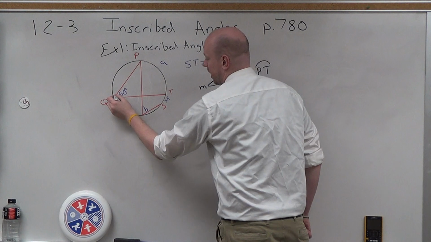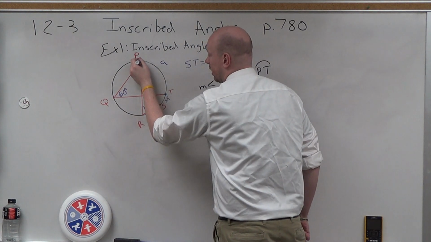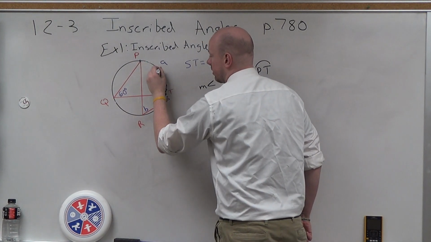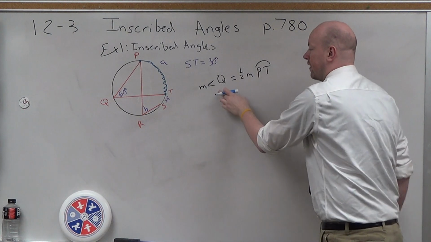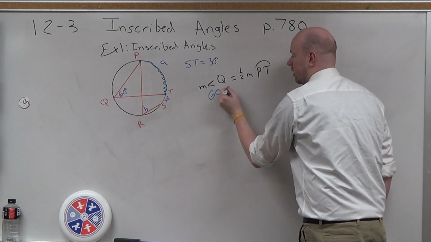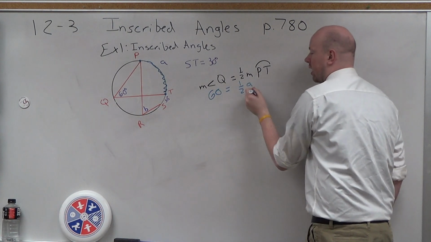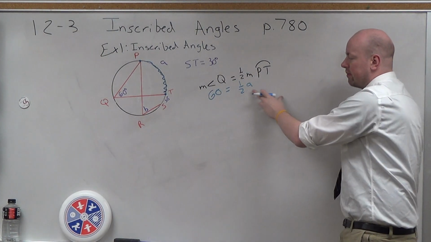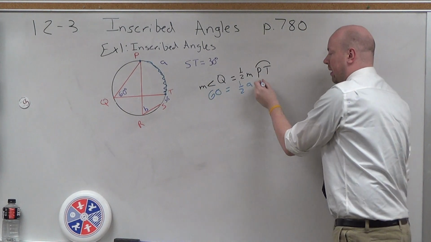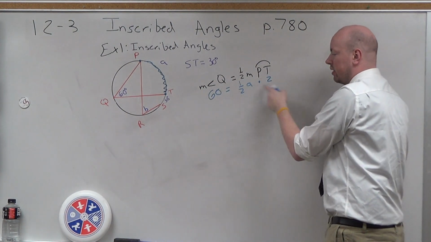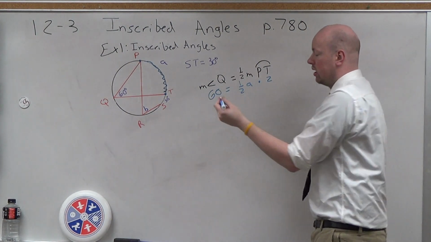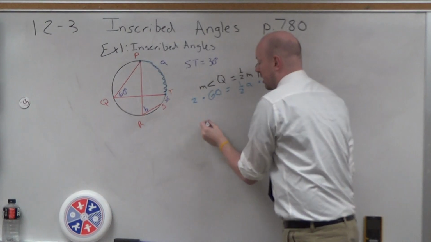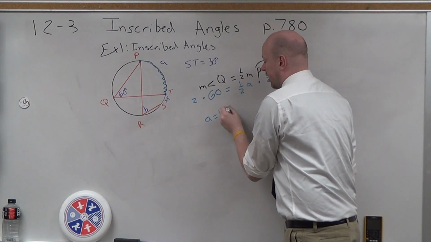As this is my angle, so my arc is between those two endpoints. So, if Q is 60 degrees, and I get 1/2 of A, how can I get A by itself? Well, I'd have to undo my 1/2, which would be by multiplying by the reciprocal. 1/2 times 2 is 1, so multiplying by 2 to each side. A has to be 120.